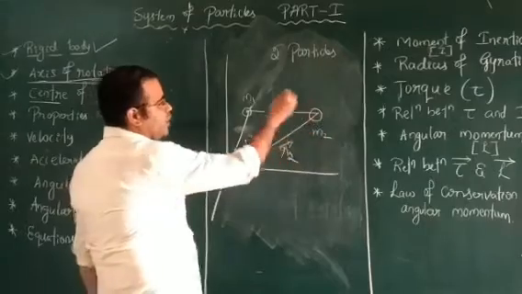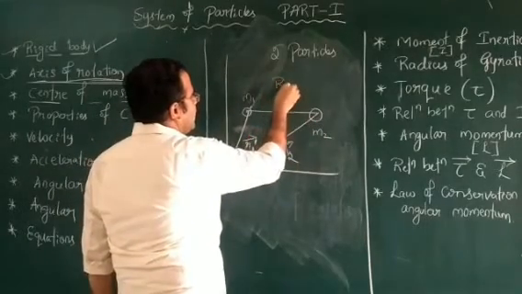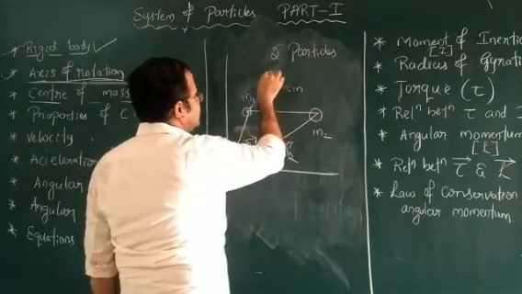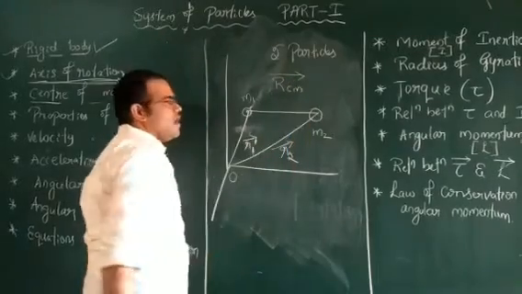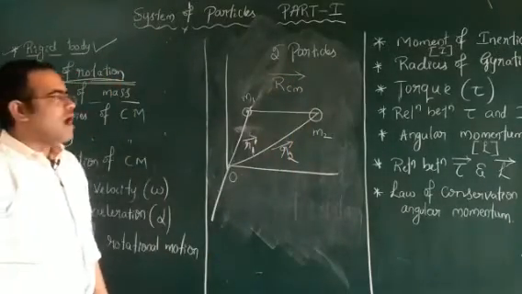Now when we observe the center of mass, the center of mass is given by vector RCM.